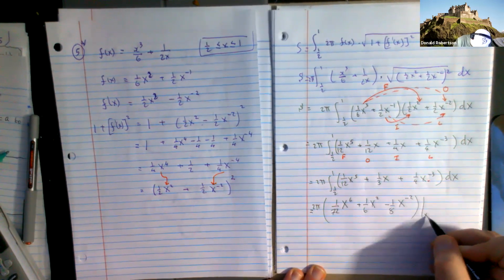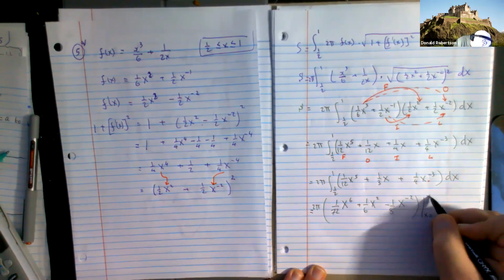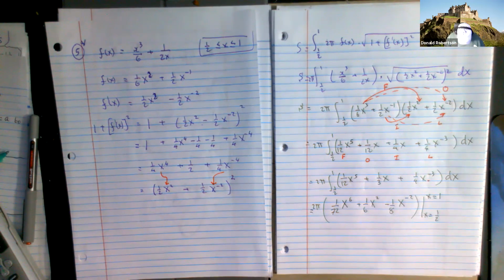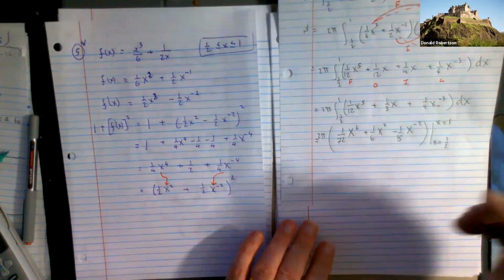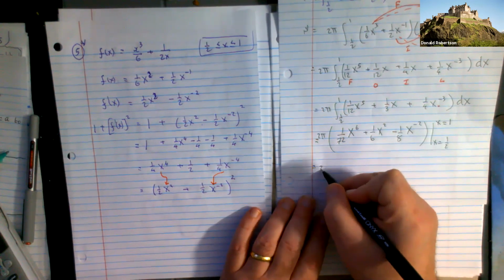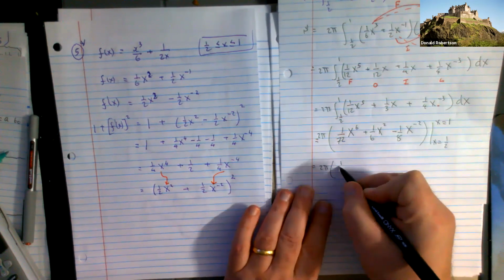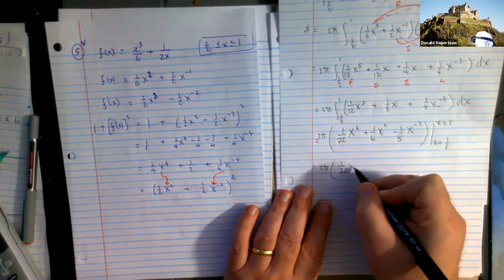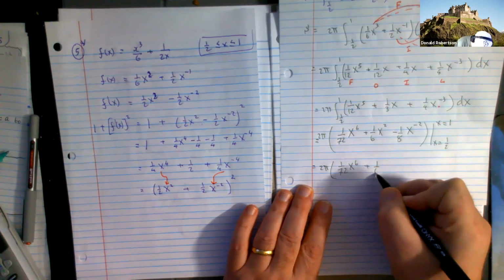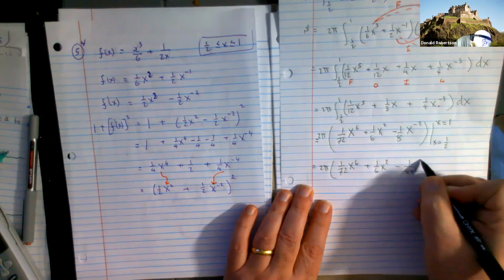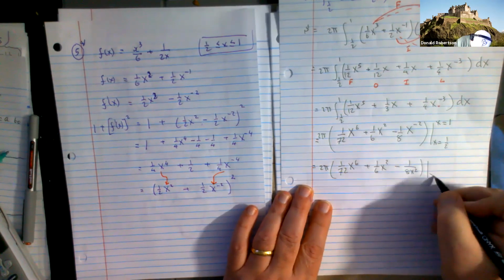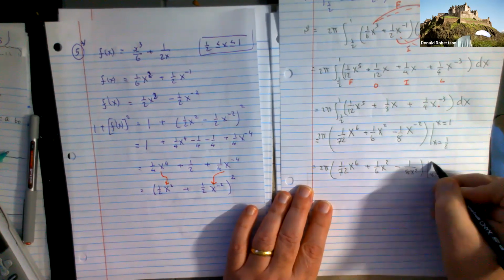Evaluate at x equals 1/2, x equals 1, almost there. That's okay. If you want exact values, you better write this that way. So that was just a little cosmetic thing.